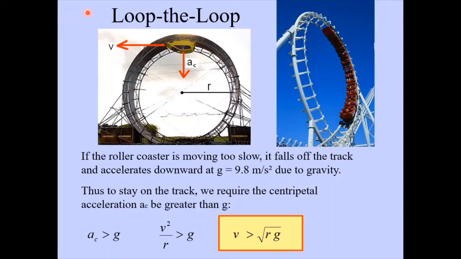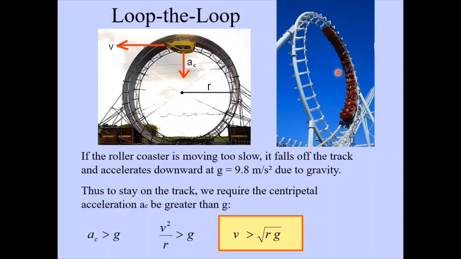Here's our last example and slide of this chapter. This is called Loop the Loop, and you've maybe been on a roller coaster ride like this where the roller coaster goes upside down on a loop, or maybe you've seen a stunt driver on a motorcycle or car riding around a circular track like this and going upside down and not falling off the track.